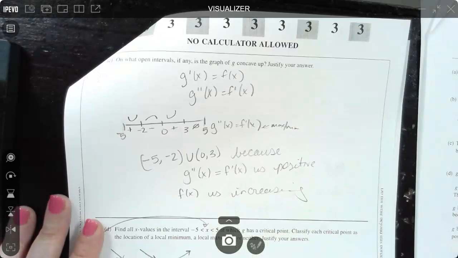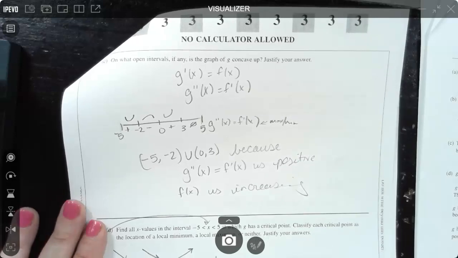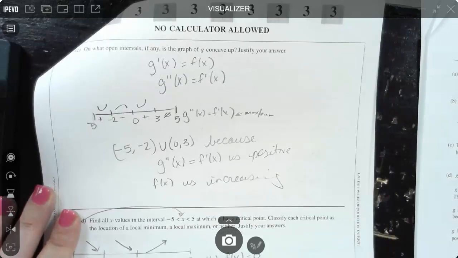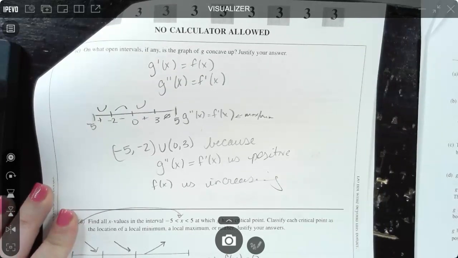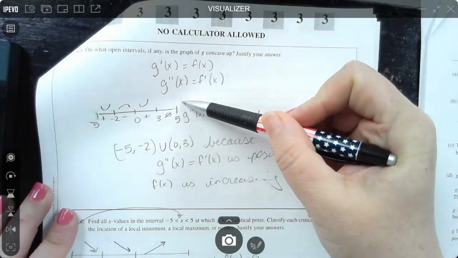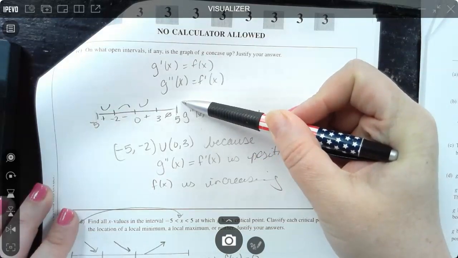Part C. This was 2 points only, and your 2 points all came in the same thing: did you give the correct intervals with justification? This is not justification. This helps me identify the intervals, but that is not the justification they need.